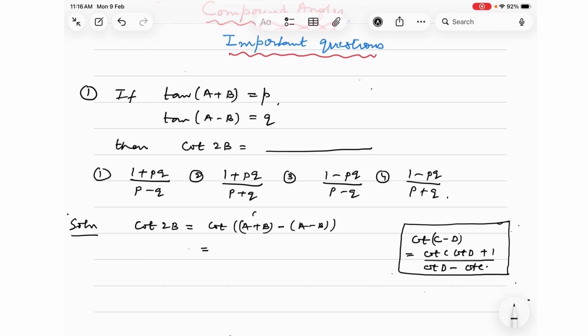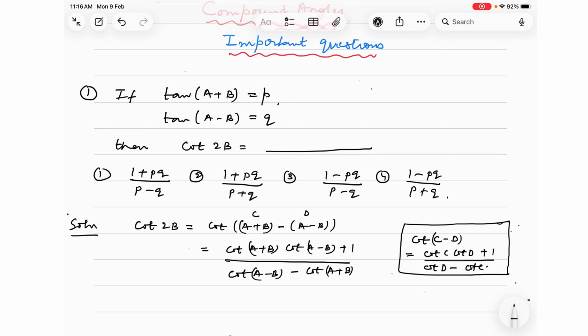So if I treat A+B as C and A−B as D, we can apply this formula. Then it becomes (cot(A+B) cot(A−B) + 1)/(cot(A−B) − cot(A+B)).